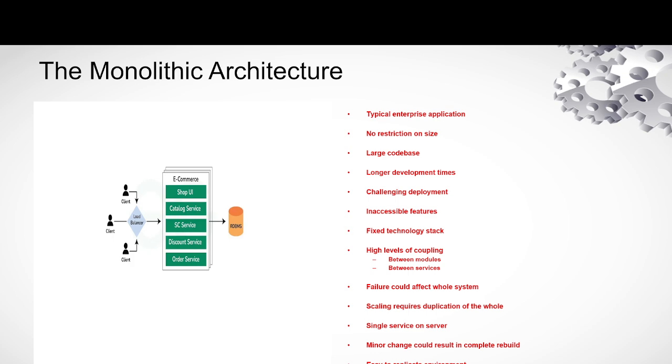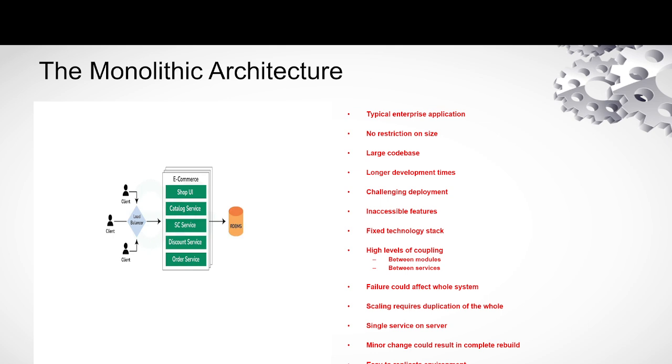And because all the code is in one large package, we might also have high levels of coupling, which basically means if I change one part of the system, it might affect another part of the system because the code is interdependent. This coupling can be present between the modules, and it might also be present between the different services.